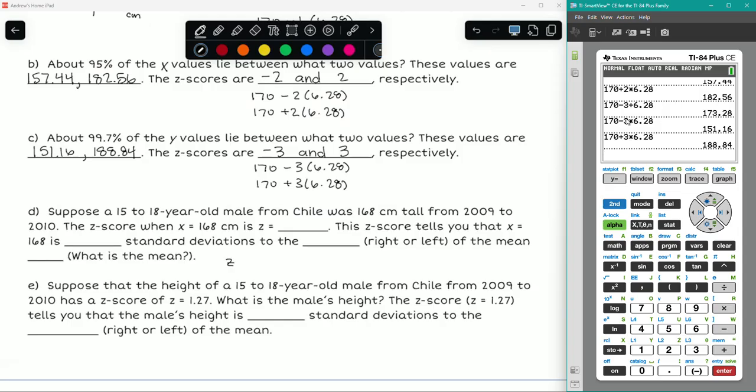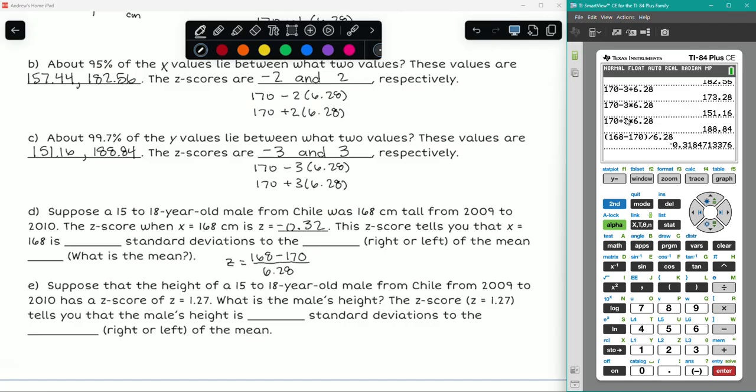We know that z is equal to our data value minus our mean divided by our standard deviation. So let's go ahead and plug that in our calculator. And we get negative 0. And I'm going to round that to 2 decimal places, so 0.32.